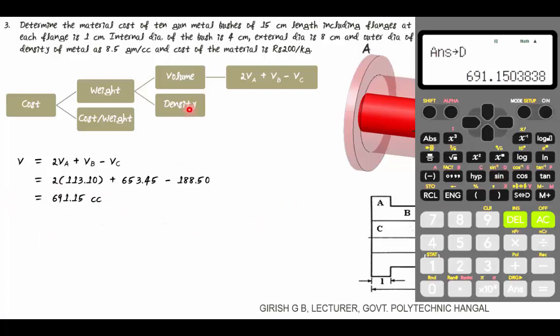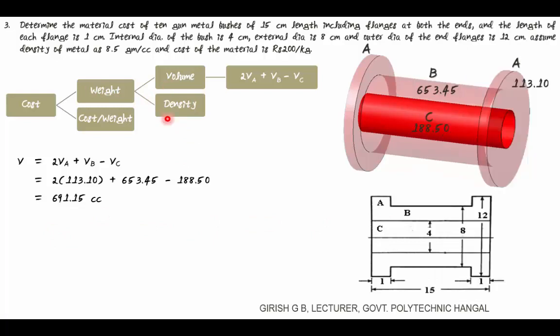In the next step we are going to determine the weight, which is the product of volume and density. Density is given as 8.5 gram per cc. Hence weight is equal to total volume into density, V into rho. Substituting the values, 691.15 into 8.5 gram per cc.